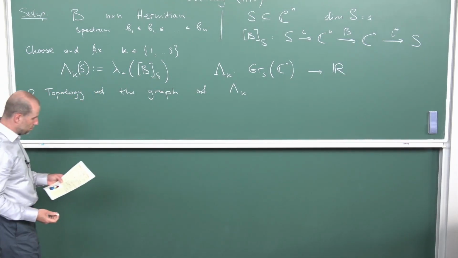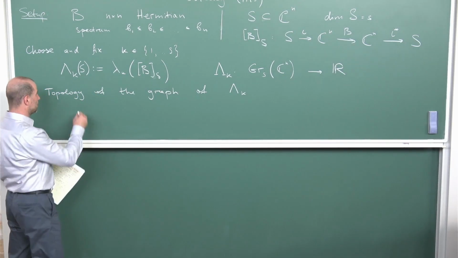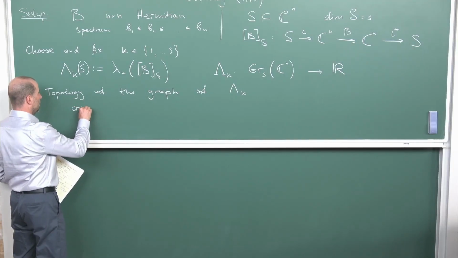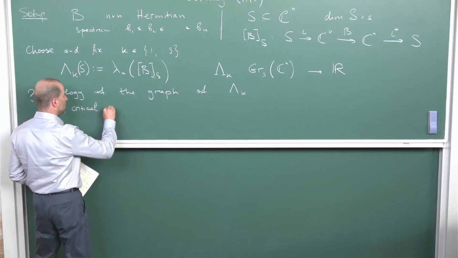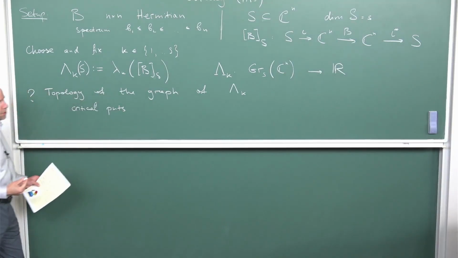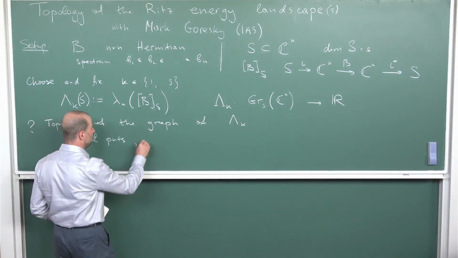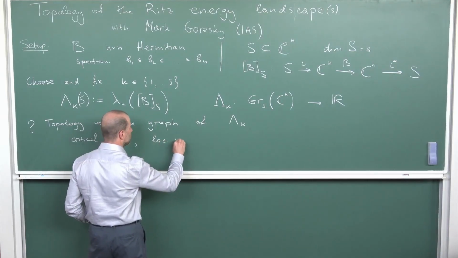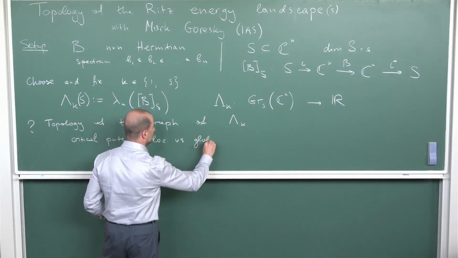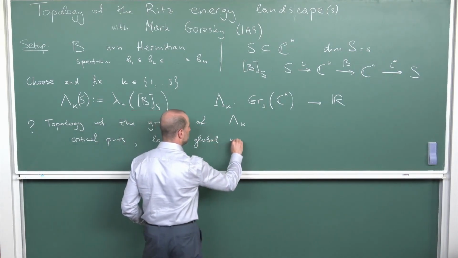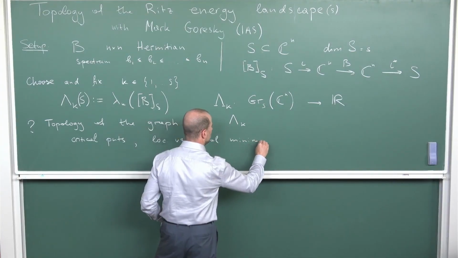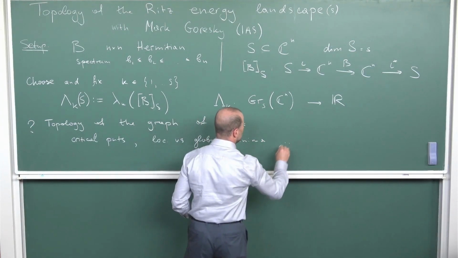By topology, I mean I want to understand its critical points, in particular its minima. Can it have local minima that are not global minima? Local versus global minima, and so on.